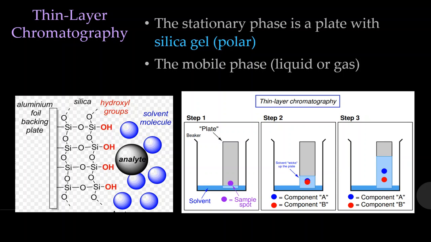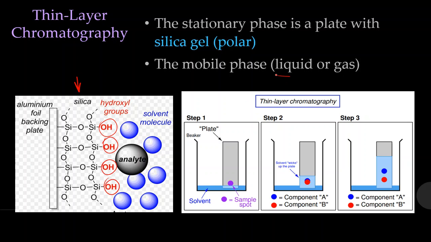Let's look at the thin layer chromatography. The stationary phase is a plate that contains a silica gel. If you look at your diagram over here, you're going to easily be able to tell that it's polar because of all of these hydroxyl OH groups that are going to be able to engage in hydrogen bonding.